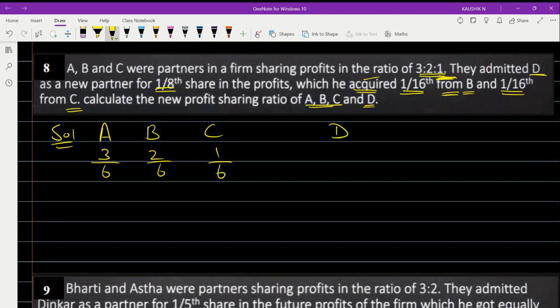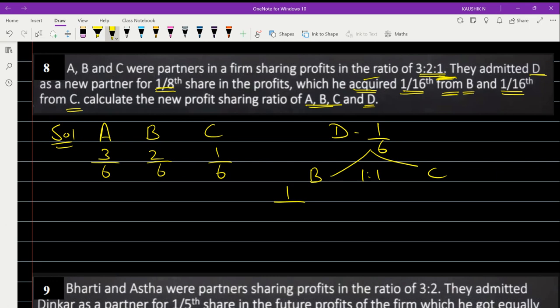The new partner is D, who's been admitted for 1 by 6 share in the profits, and he is acquiring it from B and C in the proportion of 1 by 16 and 1 by 16, that is a 1 is to 1 ratio.